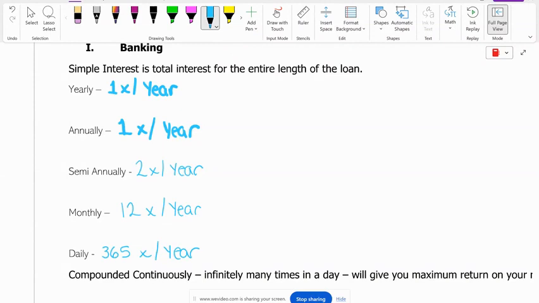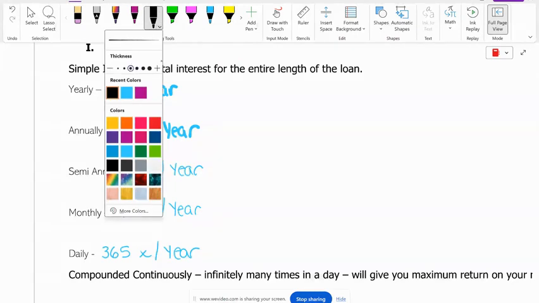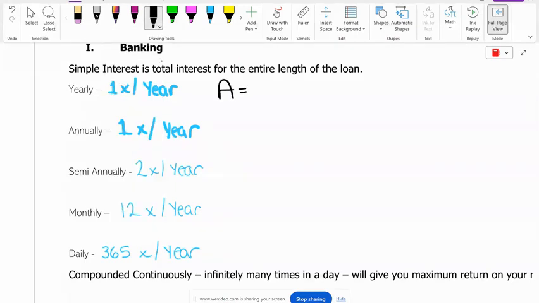When we're dealing with compound interest, we have a formula. A is equal to P times the quantity of 1 plus R over N raised to the NT power.